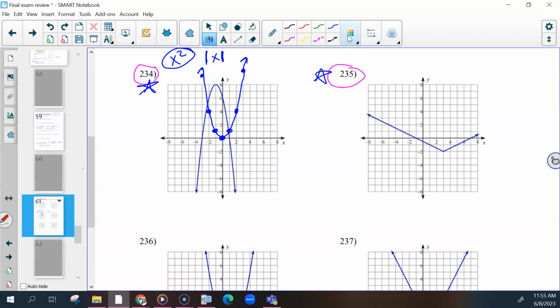Then we are comparing. The one we just drew is the original. The one that's drawn, we are looking to see what changed, what happened. See the vertex move left and up. So move left 1 and up 8.